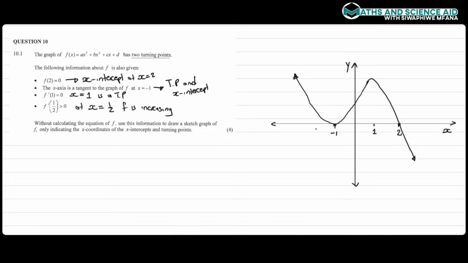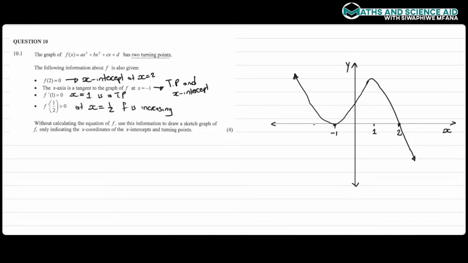Great. Okay. Number two, here we are told that we've got an x-intercept at x equals 2 because as we can see here, the coordinates are x equals 2 and y equals 0. So x-intercept at x equals 2, that checks out. And then the x-axis is a tangent to the graph of f at x equals -1.